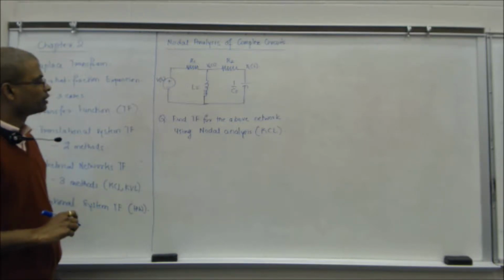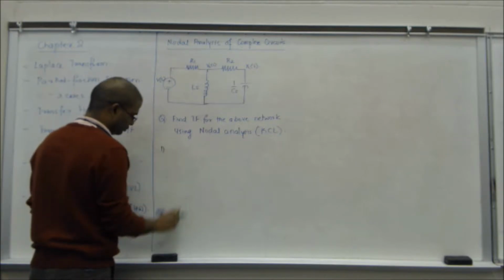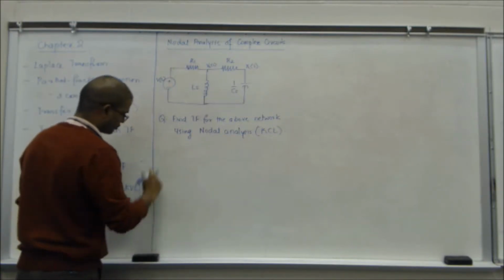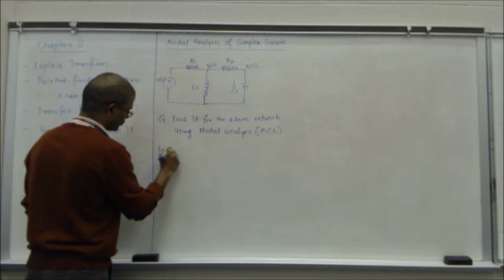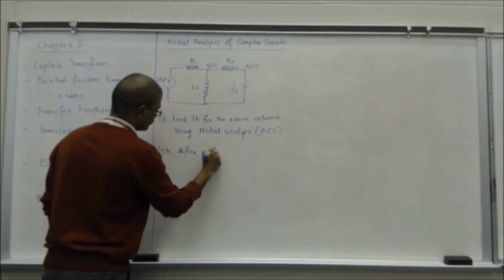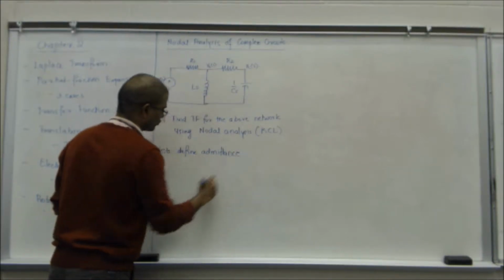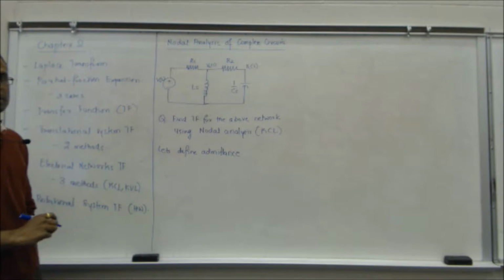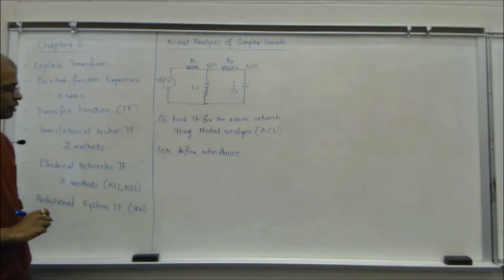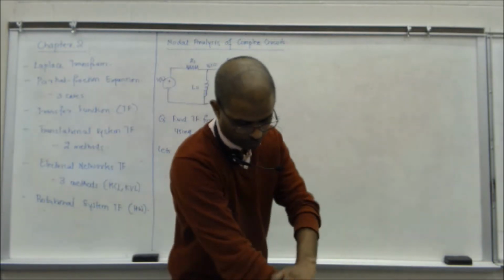So what you have here is, you're trying to apply Kirchhoff's current law. We define something called admittance. Admittance is what? It's just the reciprocal of impedance.